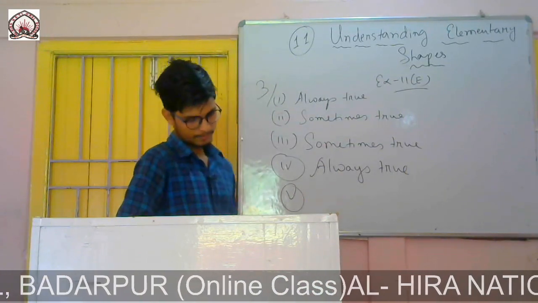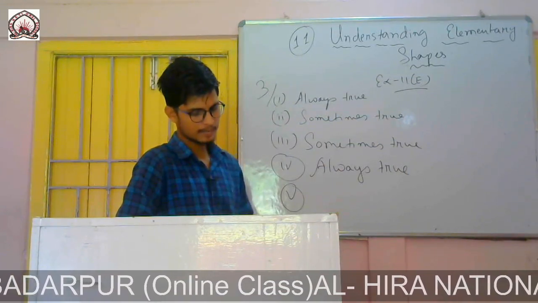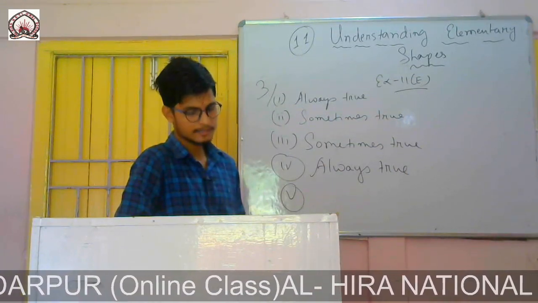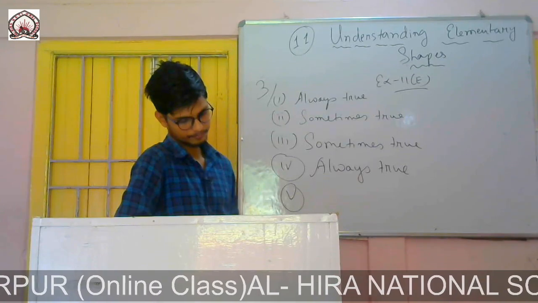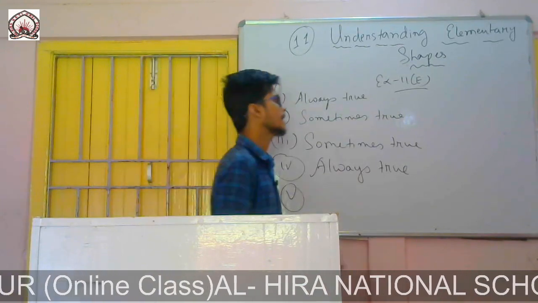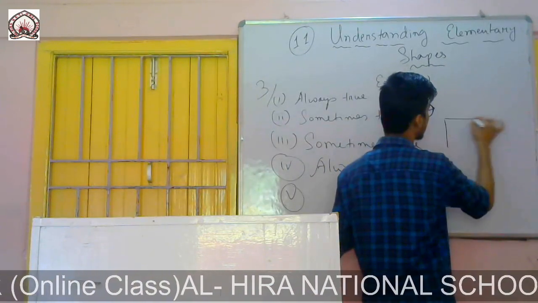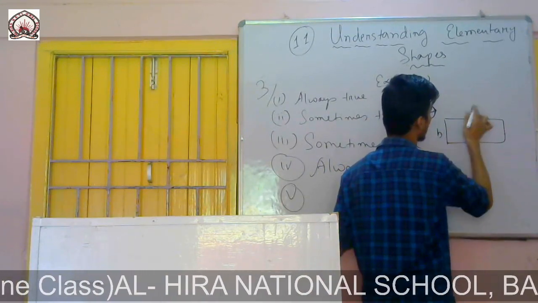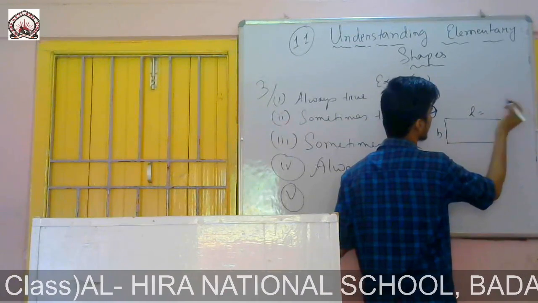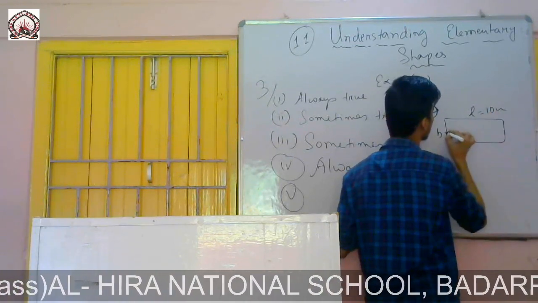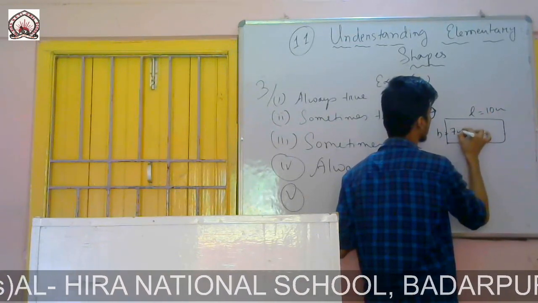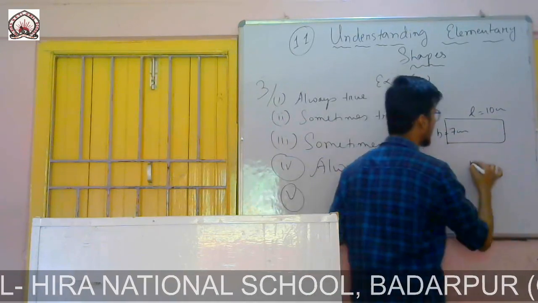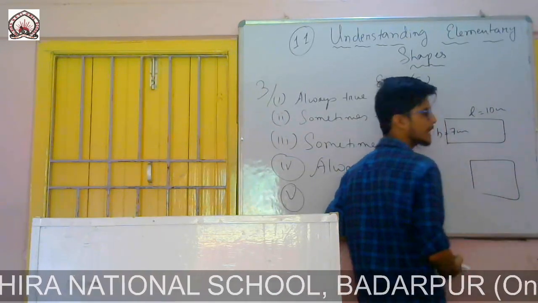Roman number 5. A rectangle is a square. Yes, sometimes a rectangle may be a square. In case of a rectangle, there is length and breadth, and both of them are different. If length is, for example, 10 centimeter, then breadth may be 7. But in case of a square, all its four sides are equal.